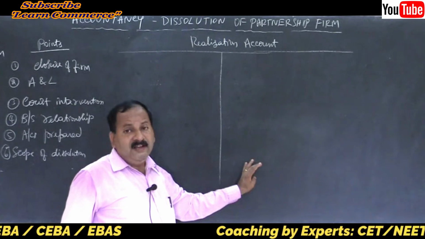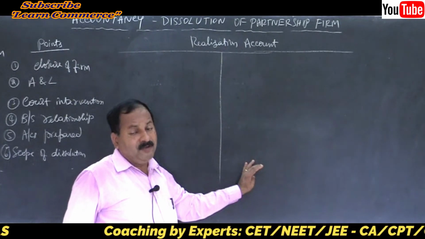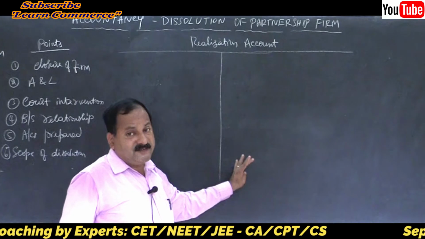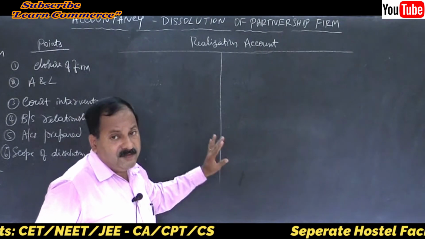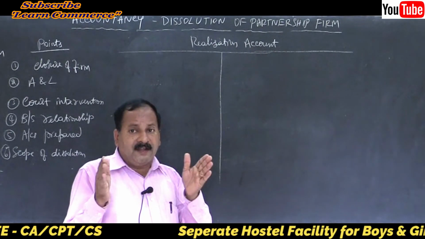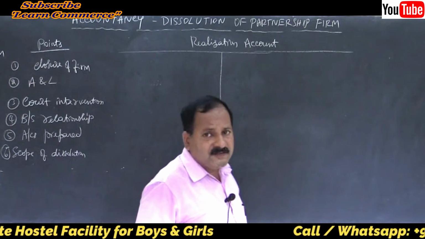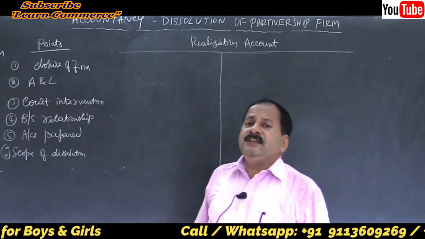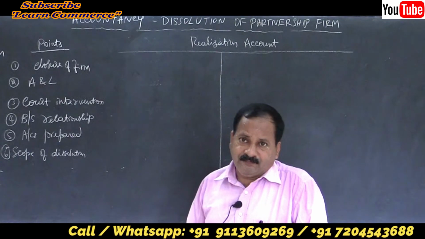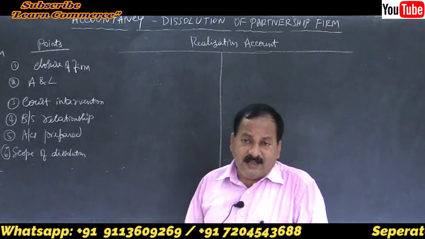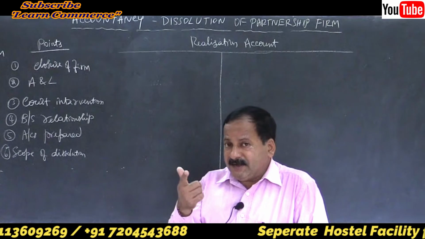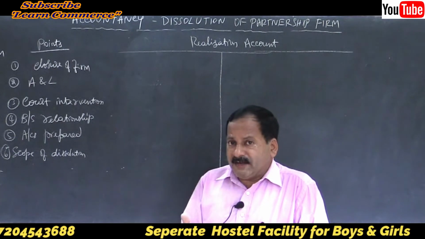And while selling the assets, remember, we will bifurcate the assets into two categories, tangible and intangible. What are the intangible assets? Which cannot be seen or touched, but it has a value, isn't it? Like goodwill, patent, trademarks, copyright.